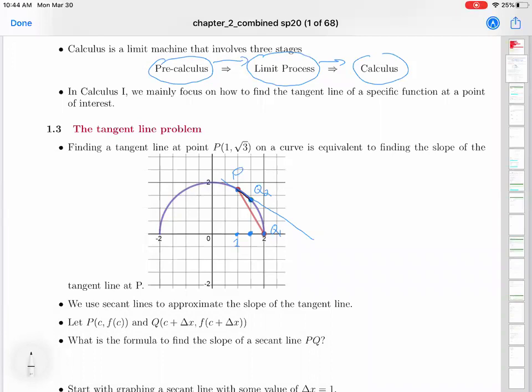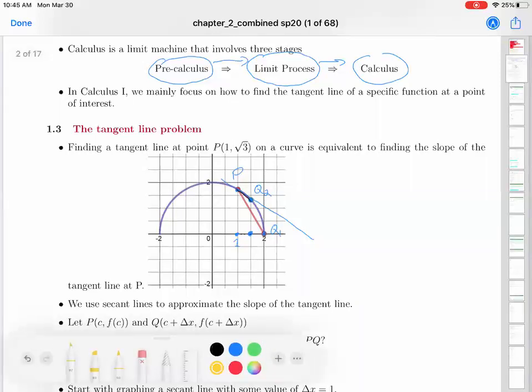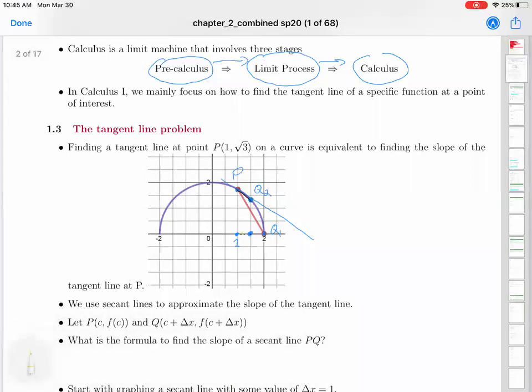All right, do you see that idea? The idea is we want to move the x point closer to the original point. So if I have another point, let's say I move x to 1.1, and then I have a new point on the curve, which is the yellow one. Call it Q3. Now I can draw a line from P to Q3.